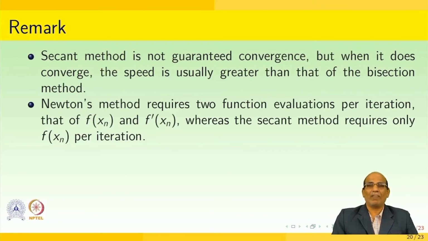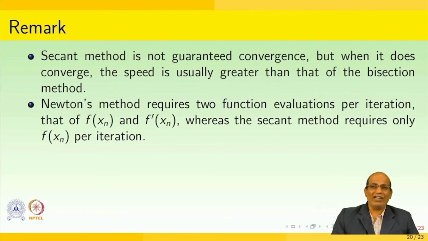Similarly, another method is what we call Newton's method. Newton's method requires function evaluations at each iteration value. It requires two functional values: you need to find the value of the function f(x) as well as the derivative of the function f(x).